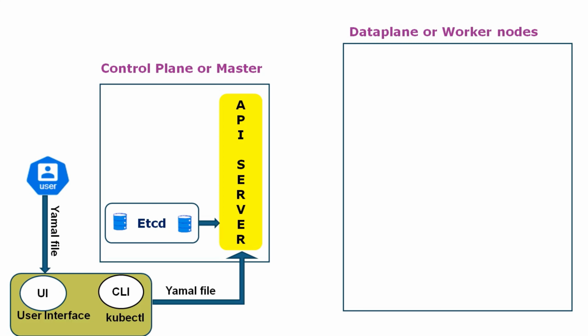For example, I told it I need 5 containers or 10 containers. For that, what image to use, what volume to map, what port to map, what startup command to use, all those things you give as a desired state, and that is now stored in etcd.